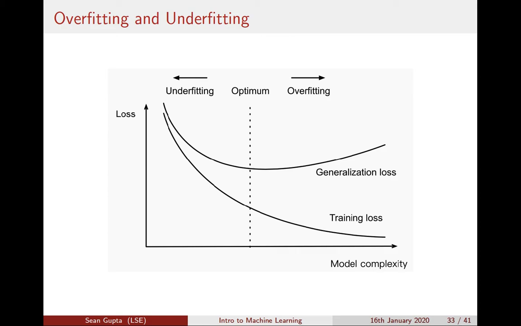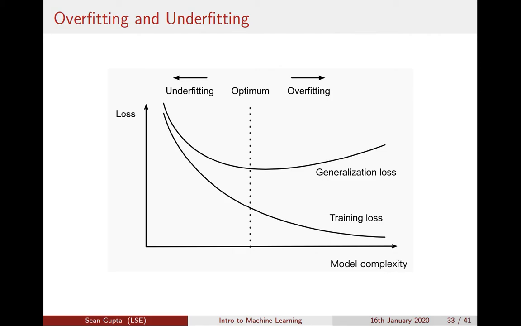However, your generalization error, your test error, or your test loss, I'm using these terms interchangeably here, will actually not be very good because, again, you're just capturing the noise in the training data. You're remembering the training data, but you're not capturing the pattern.